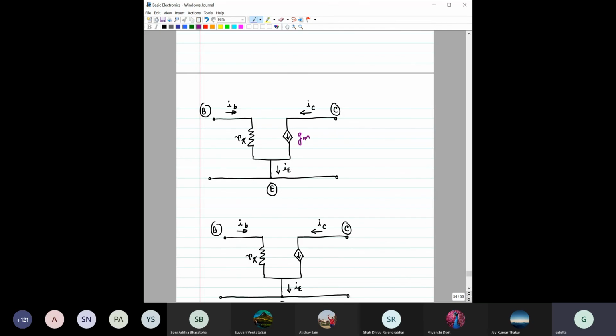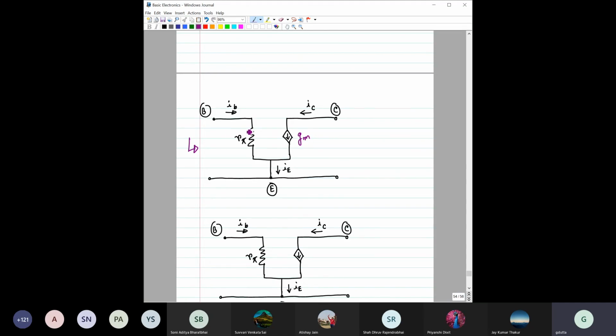But in the H network, you have all these different terms: resistance, conductance, current gain, voltage gain. For our bipolar junction transistor, the simplified circuit can be represented in this form.